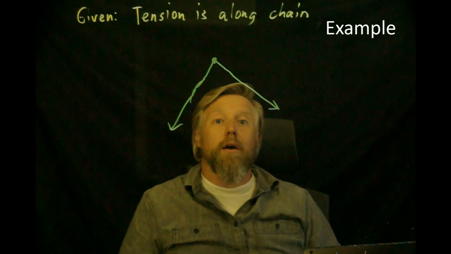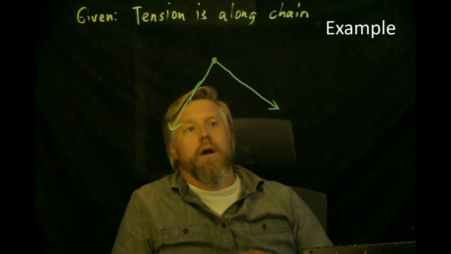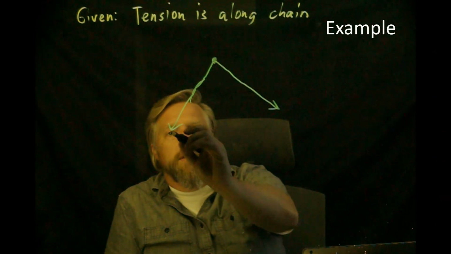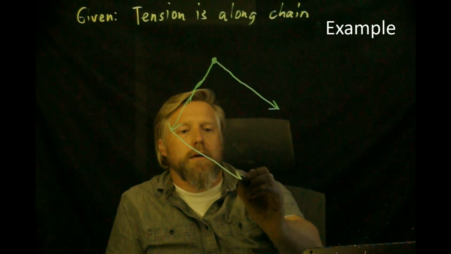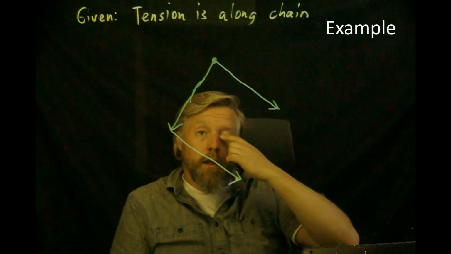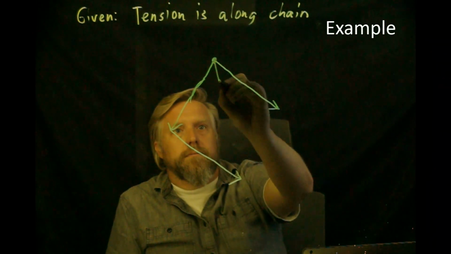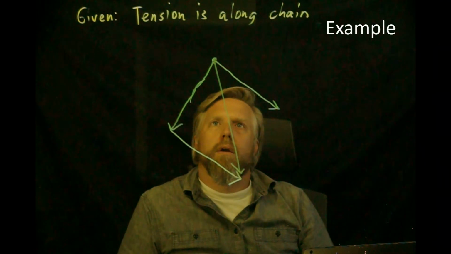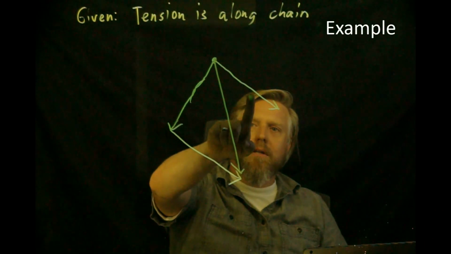Okay, now I need to do my tip to tail triangle construction. Okay, so I'm going to take this vector and I'm going to slide the tail down to the tip of this vector. And you notice I'm also making a parallelogram. Okay, now I'm going to draw the resultant vector. Well, wait a minute. If tension is along the chain, I know that has to be in this direction.